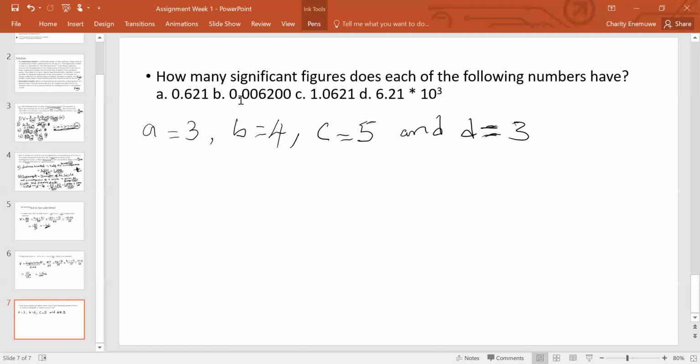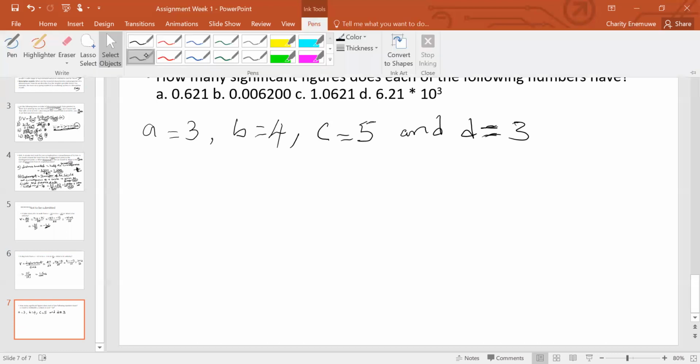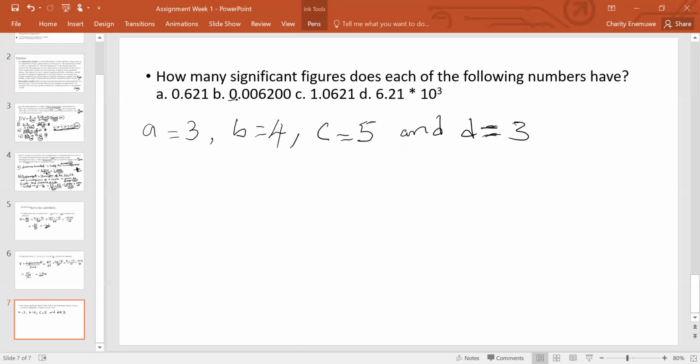We see these zeros in section B. These zeros are leading zeros. Now, for leading zeros, whenever there is a decimal, the leading zero will not count, but the decimal point makes the trailing zeros count.